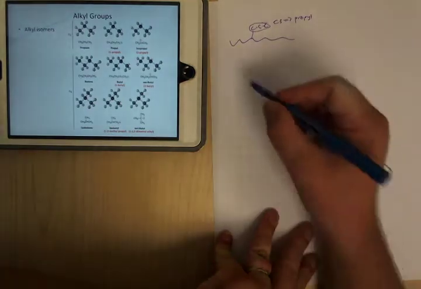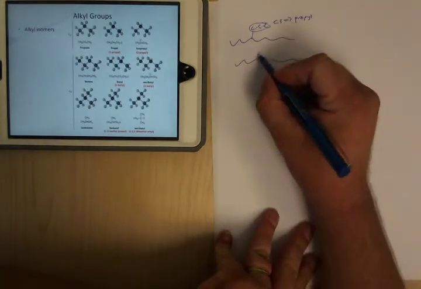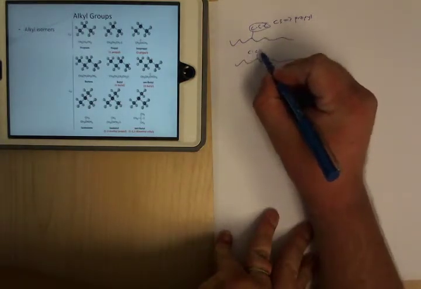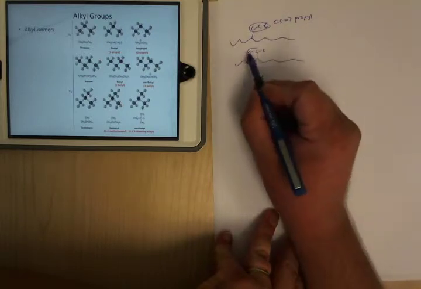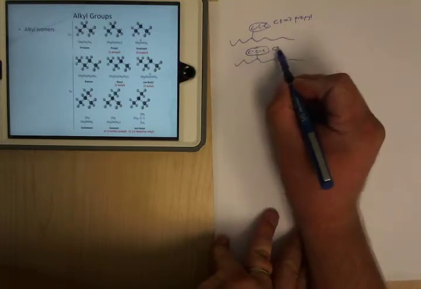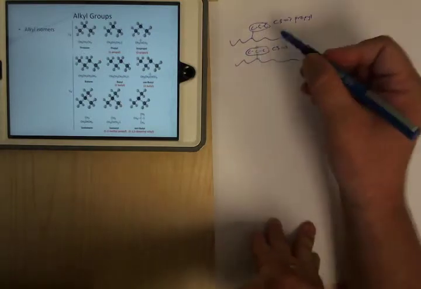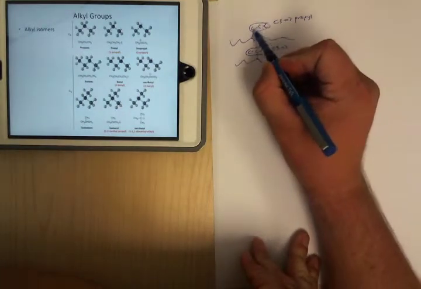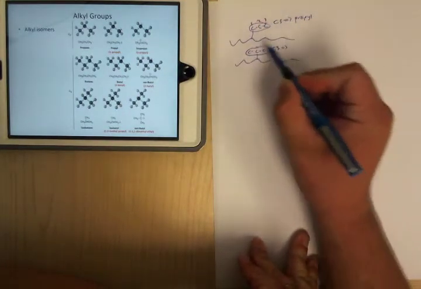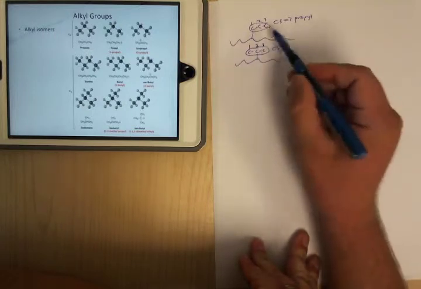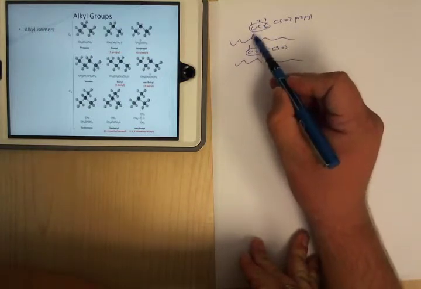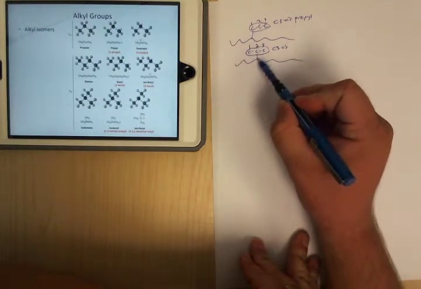The problem is, another way that I could write this is, again it's 3 carbons long, but if you number these 1, 2, 3, instead of connecting at carbon 1, now it's connecting at carbon 2.